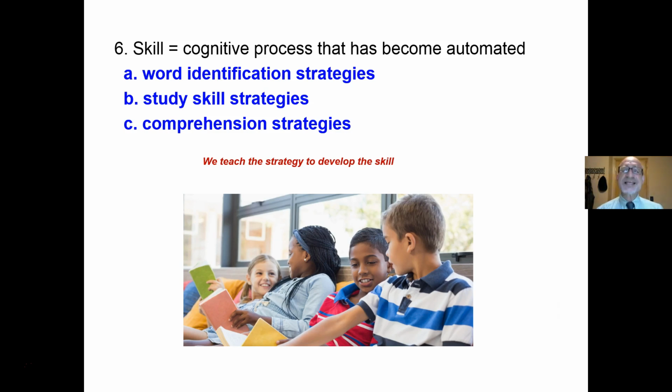A skill is a cognitive process that has become automated. All right? That is, you don't have to think about it. In reading, we teach the strategy to develop the skill so that students engage in these cognitive processes automatically as they read.